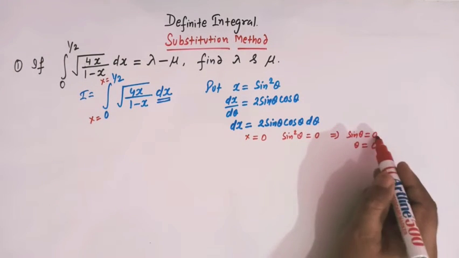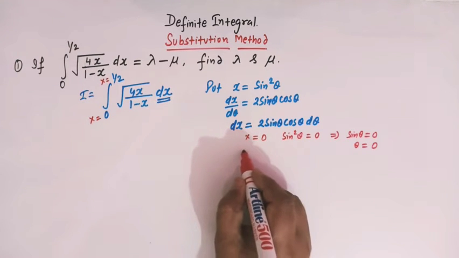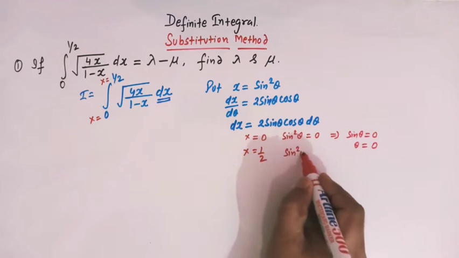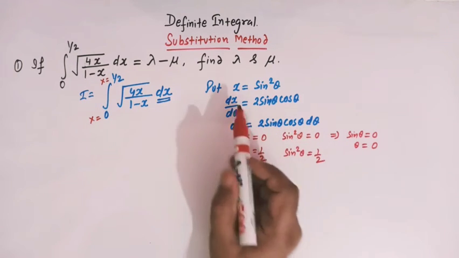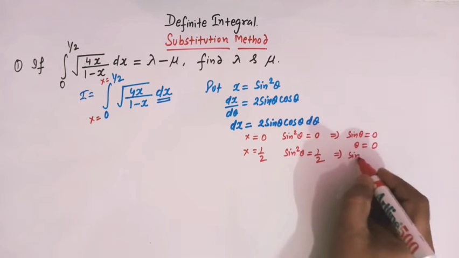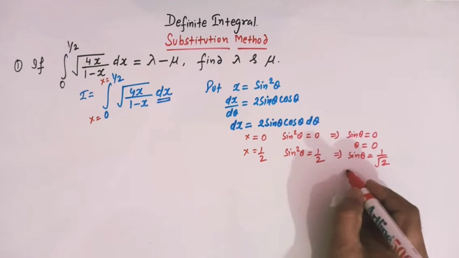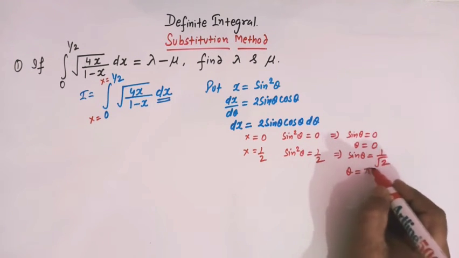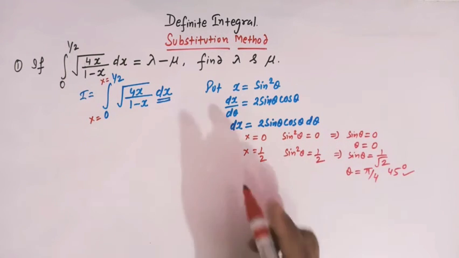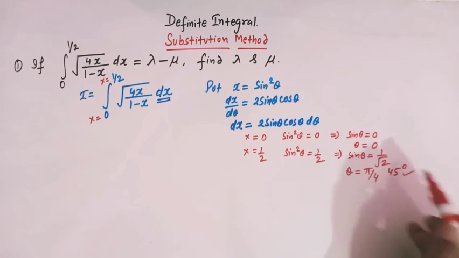And when the upper limit x is 1/2, sine square theta is equal to 1/2, so sine theta is equal to 1 over square root of 2, and theta is obviously equal to pi by 4, that is 45 degrees.